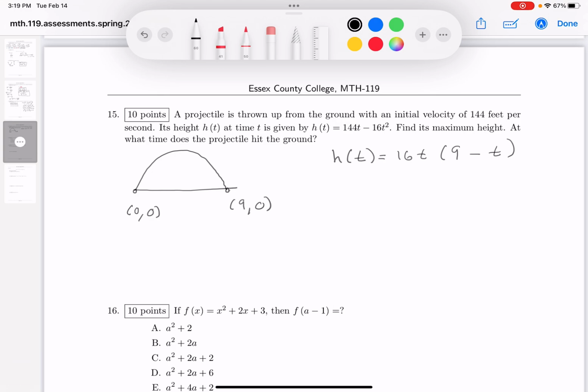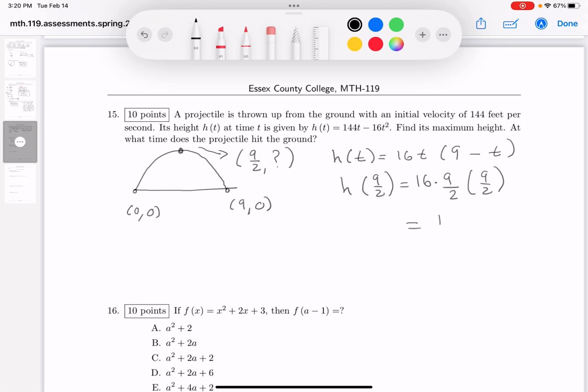And then there's going to be a vertex here. What's the vertex going to be? Well, it's dead center. So what's the dead center between 0 and 9? 9 halves. I don't know what the height is, though. Let's write this down. h of 9 halves equals 16 times t, which is 9 halves. This is the vertex, by the way. And 9 minus 9 halves is 9 halves.